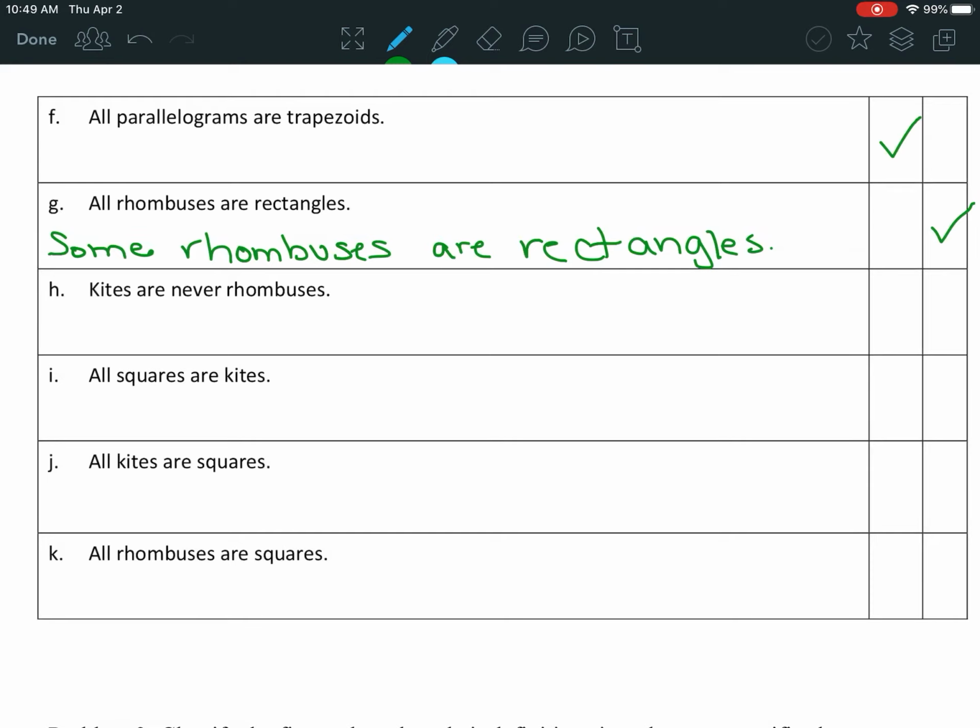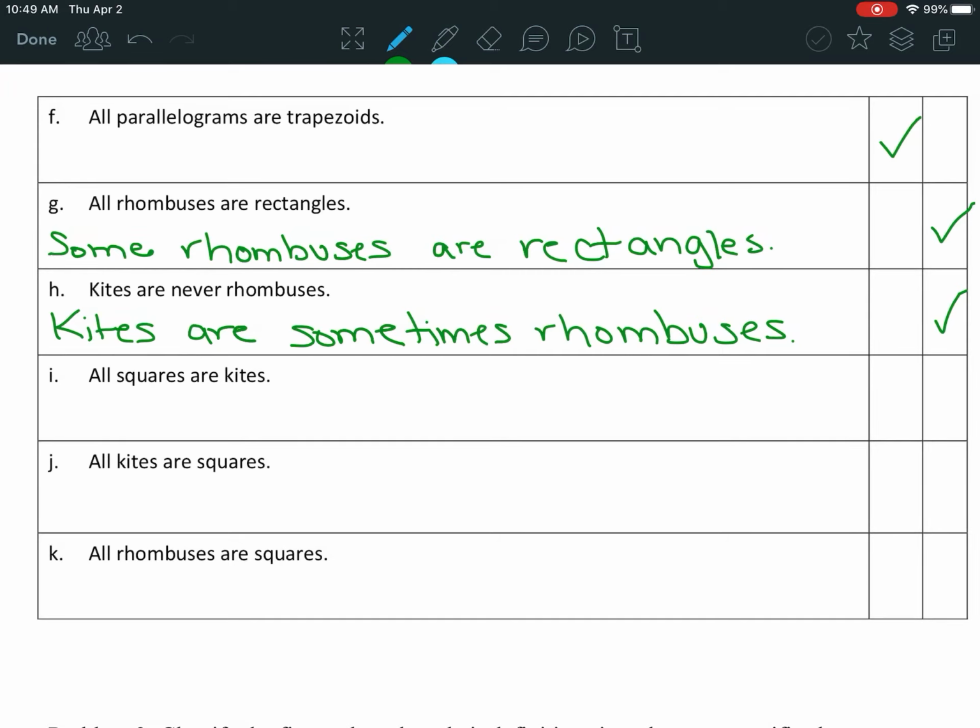We are on H. It says, kites are never rhombuses. Kites are never rhombuses. And that is false. We're going to change it to kites are sometimes rhombuses.